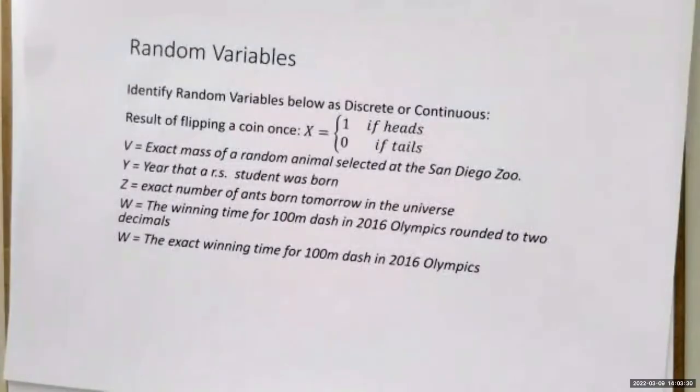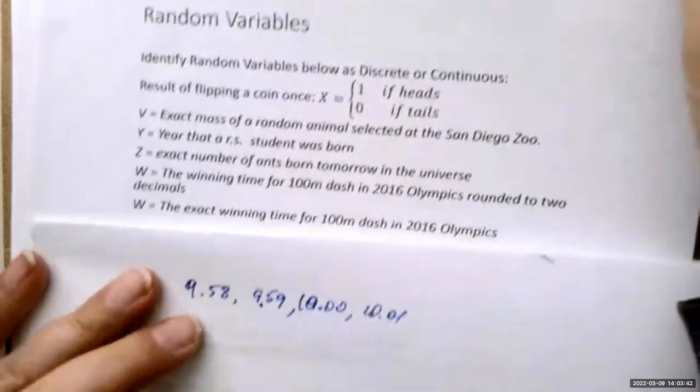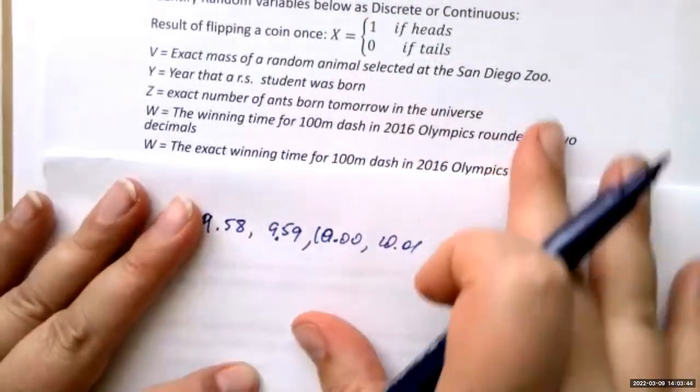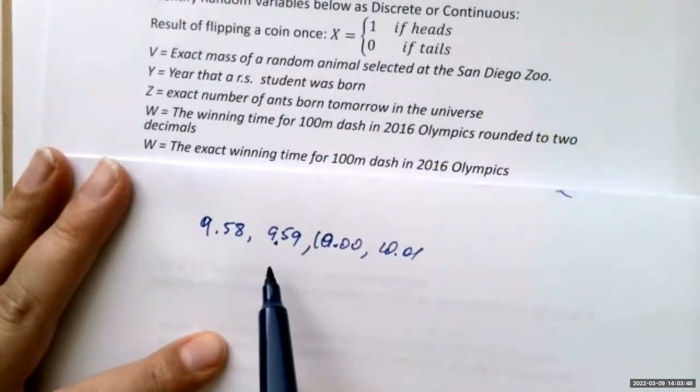Now, what happens when we change the description of our variable? Now, variable W is the exact winning time for the 100-meter dash in 2016 Olympics. Well, the exact time is not necessarily the time that you see on the clock, right?